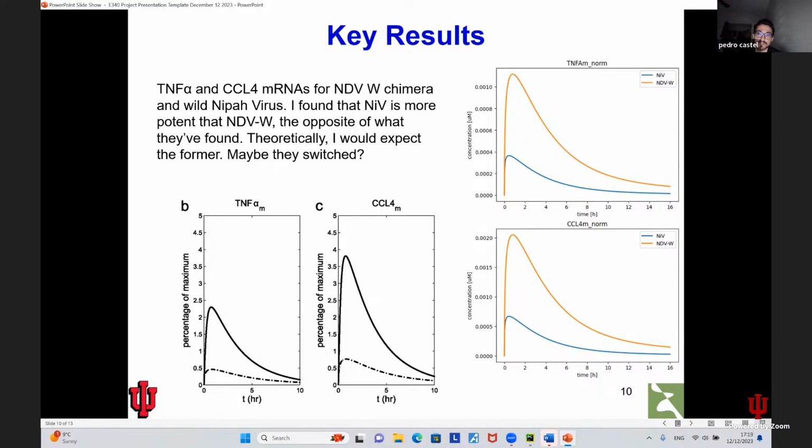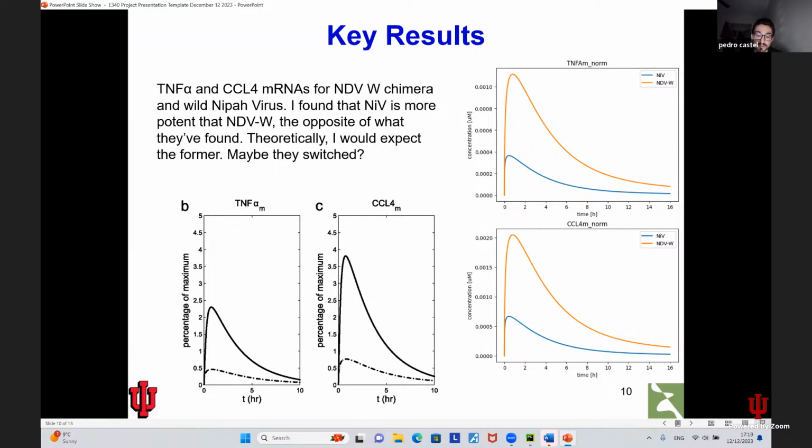For me, it is more intuitive that combining all three will have a stronger effect. So I don't know what's going on. Maybe they have some mistake, they switched, I don't know, or I did something wrong.